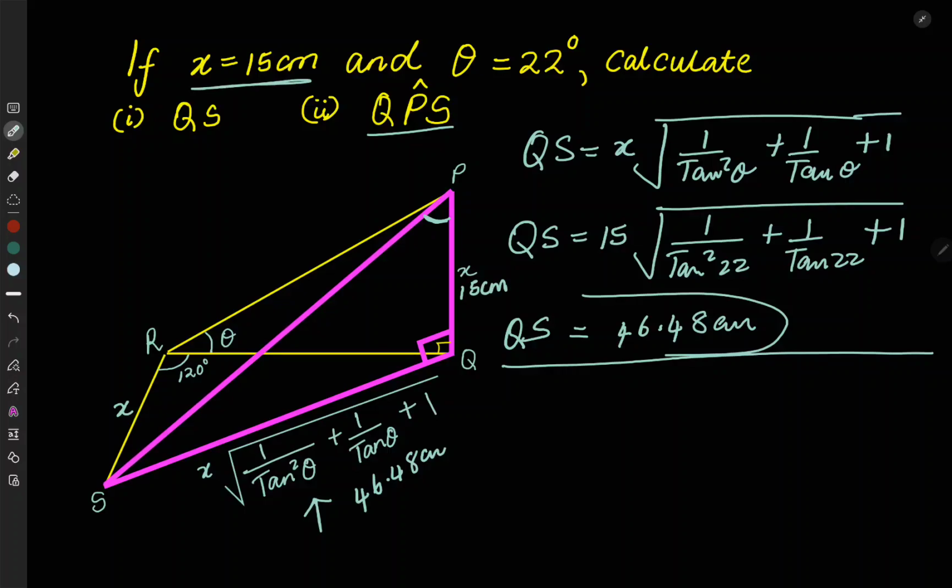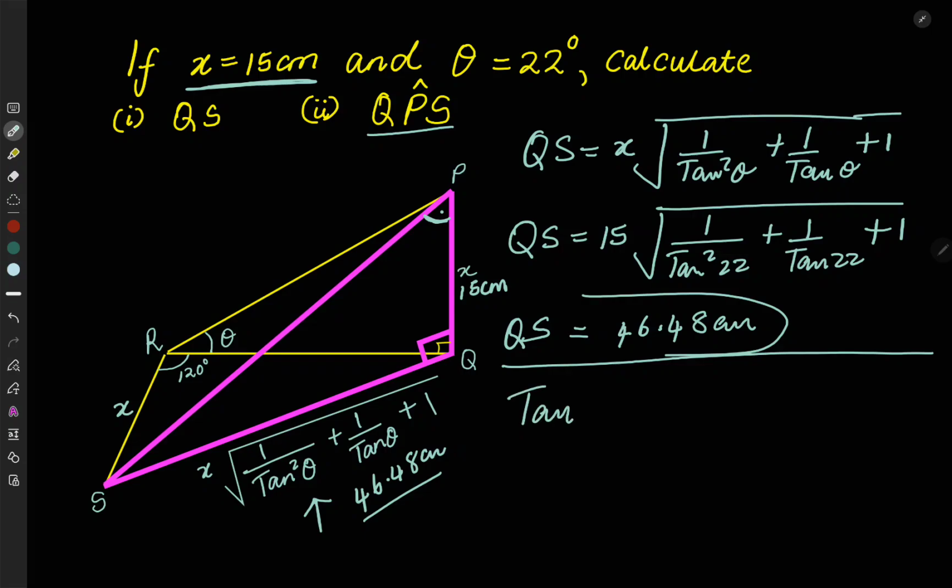Remember, they told us here, always go back to the instructions. So that is 15 centimeters. So if you look at this pink triangle, we have got the side PQ, 15 centimeters, and QS as 46.48, and we want to find angle P. And you can see QS is the opposite, and PQ is the adjacent. Then we are going to use the tan.